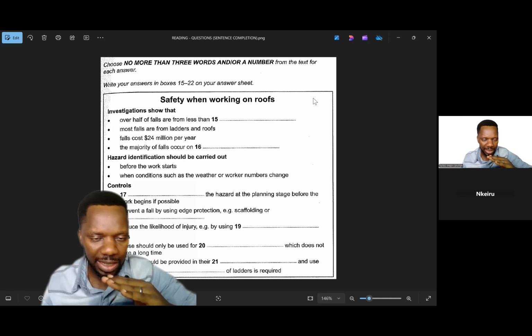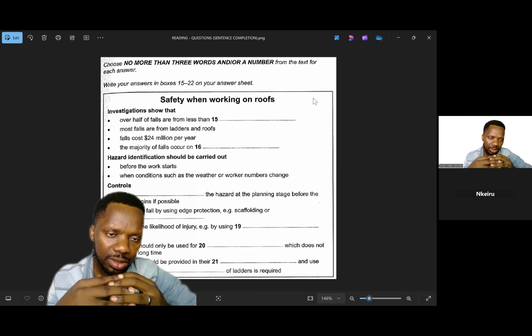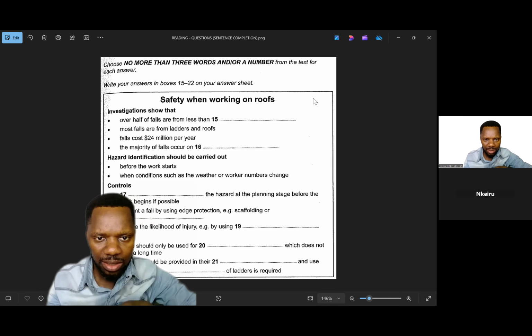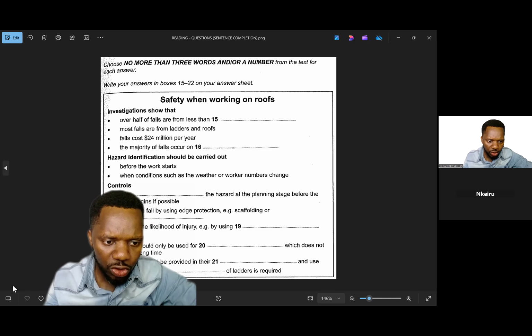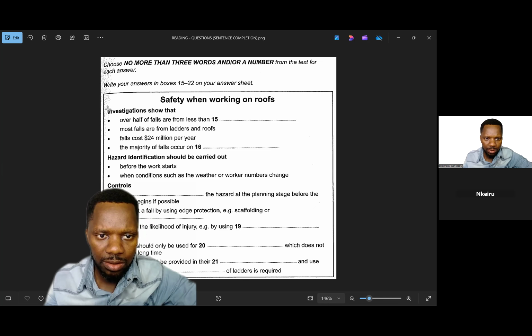There are some subheadlines or subheadings that would help you to know which paragraph would get you the answers to the question. So here is a subheading.